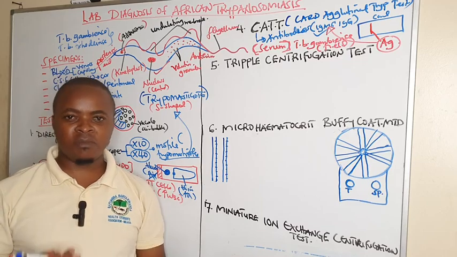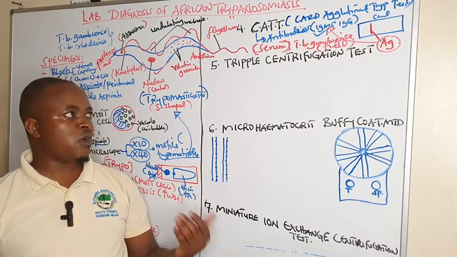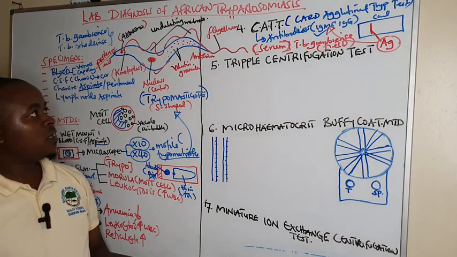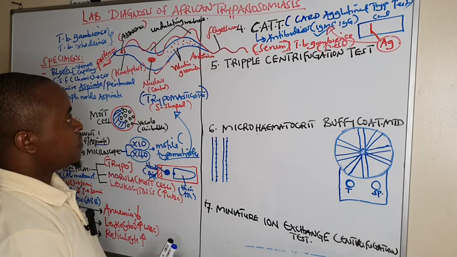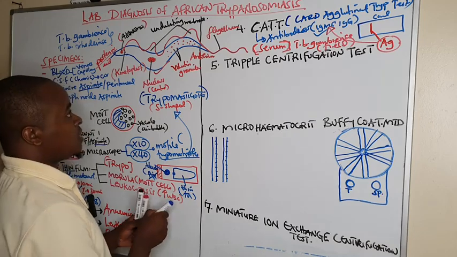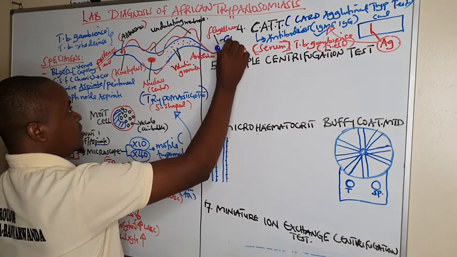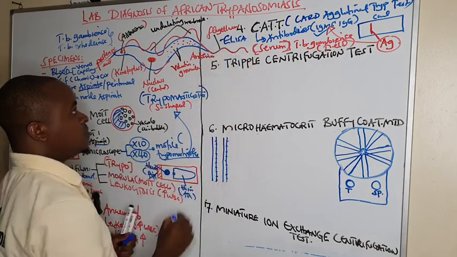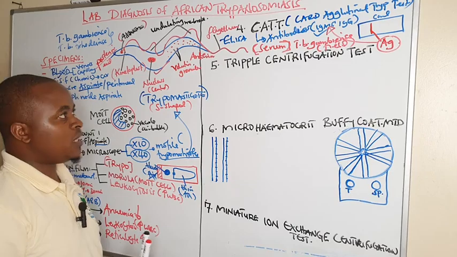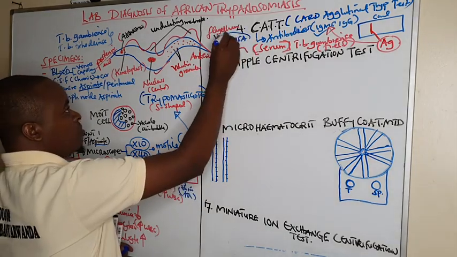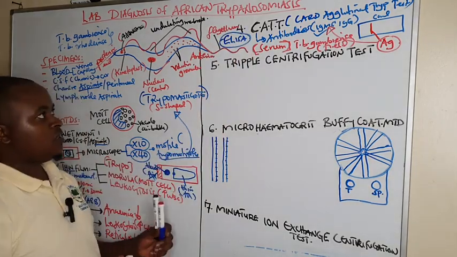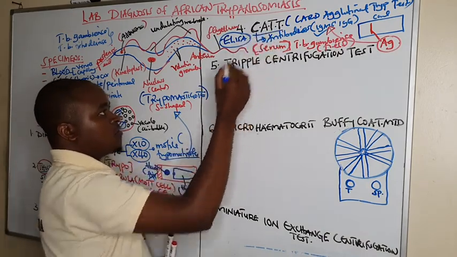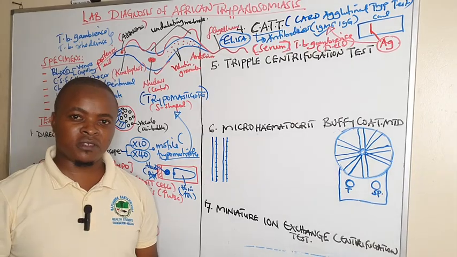Very sensitive, but not specific. So that's why we go ahead to do other tests. But we have said currently we are doing other tests like ELISA, that is enzyme-linked immunosorbent assay, which has become more accurate compared to the CATT, which was previously being used.